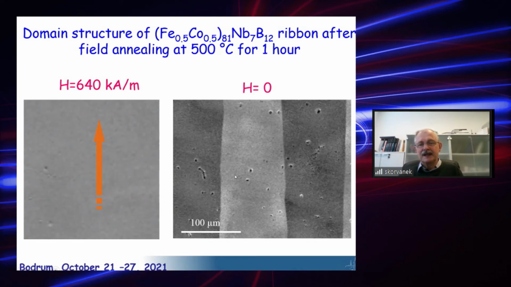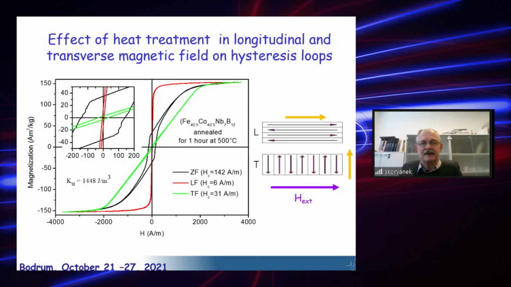Actually, after such field annealing, this field-induced anisotropy is the dominant factor which influences the magnetic behavior because the other anisotropies are small. And we see that after application of such treatment, we can have very different hysteresis loops. Everything was the same, only the field during annealing was applied in different directions.